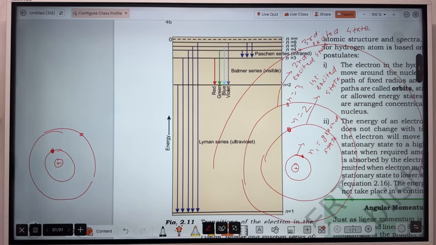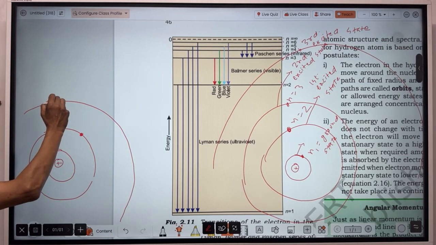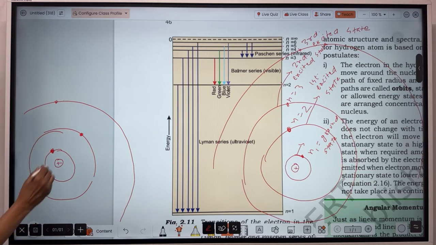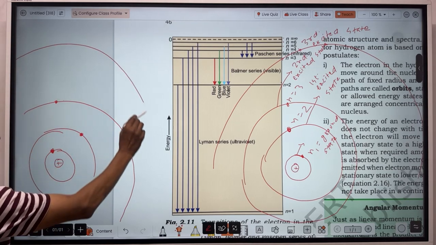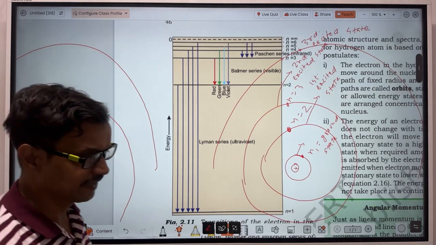When energy is provided to the hydrogen atom, the electron present in the ground state will absorb that energy and jump into the next energy level. Again, if the magnitude of energy provided is more, the electron will jump into the next energy level.